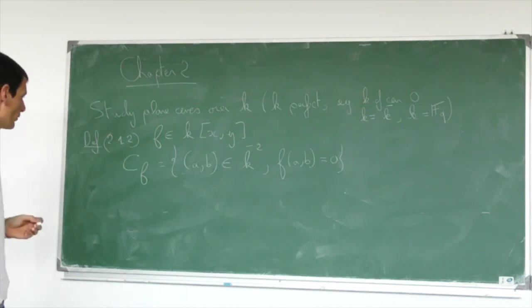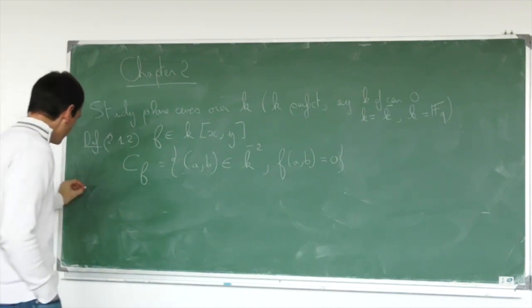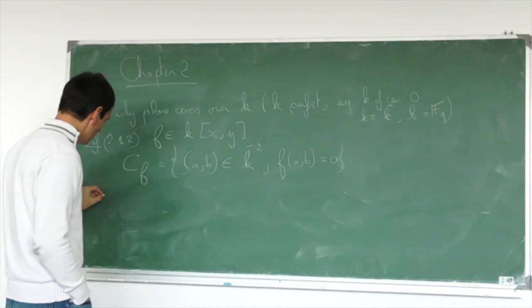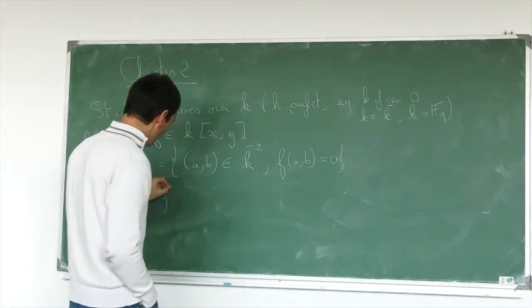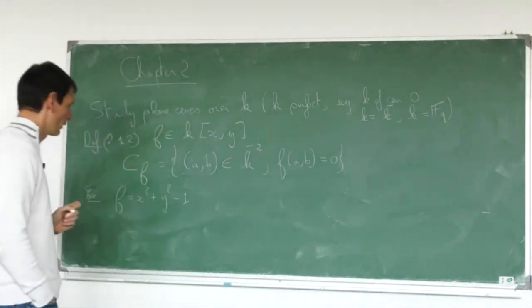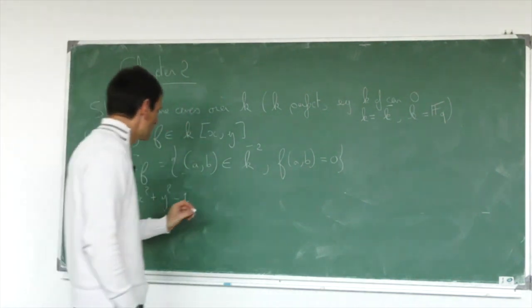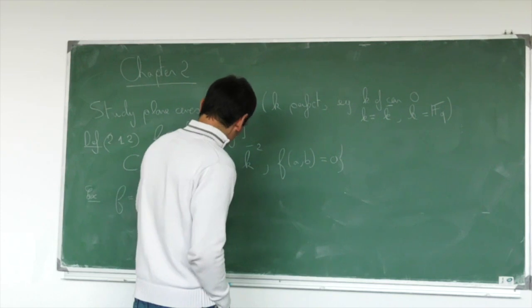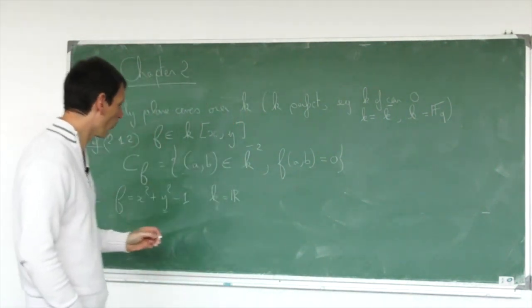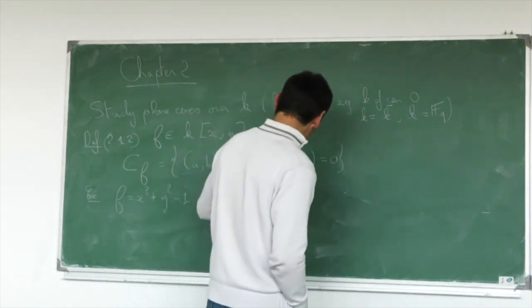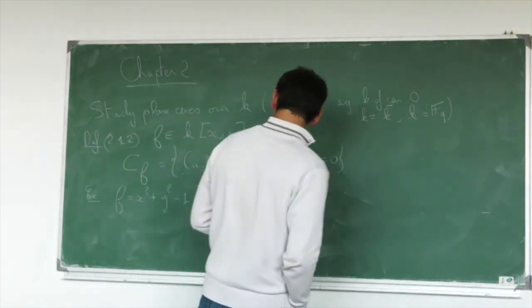Well, you have of course an example in mind. If you take f equal to x squared plus y squared minus 1, and if you take k equal to R, then you are going to look at all the complex points of the circle.